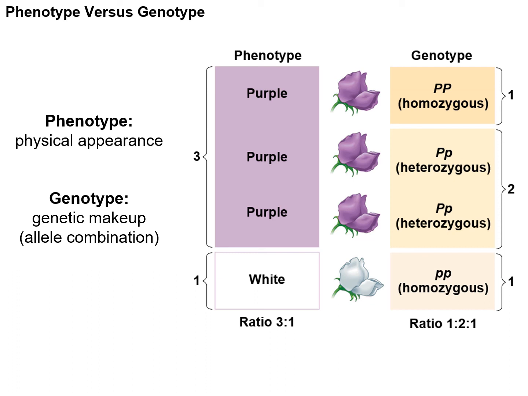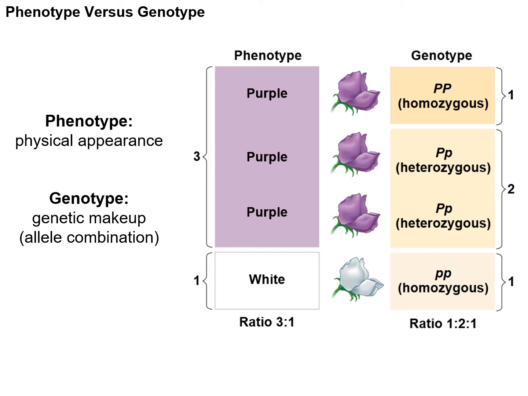As shown here, the 3-to-1 ratio that we mentioned previously is actually the phenotypic ratio. If we consider the allele combinations possible in the offspring, notice that that is a bit different.